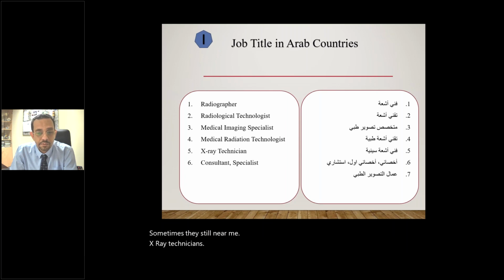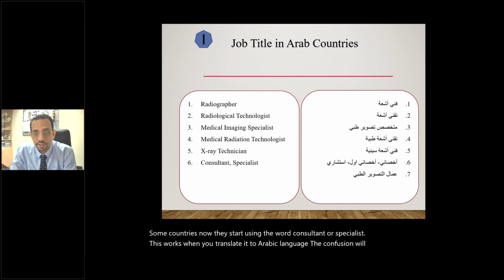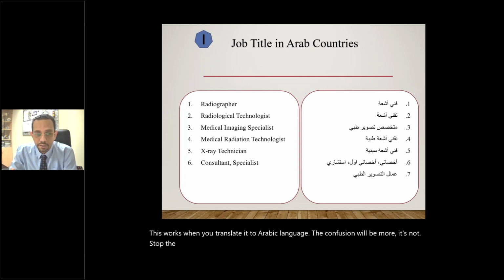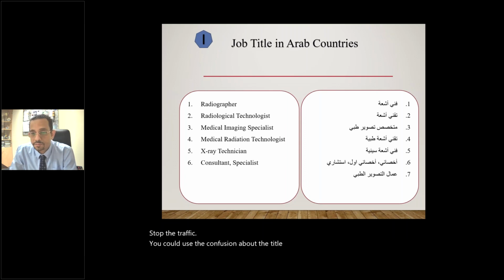Some countries now start using the word consultant or specialist. When you translate these words to the Arabic language, the confusion becomes greater, and it does not reduce the confusion about the job title of the radiographers.